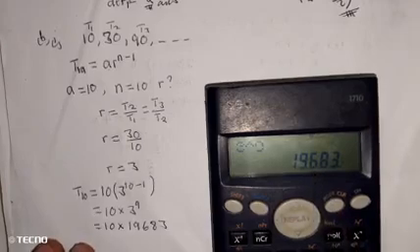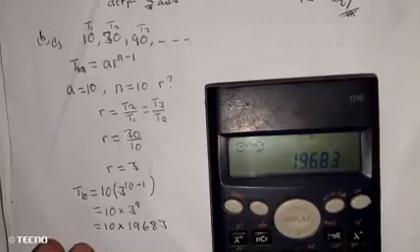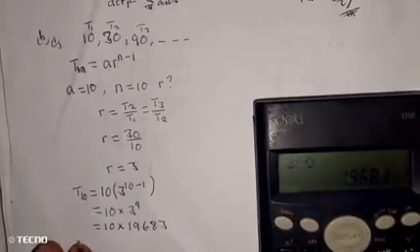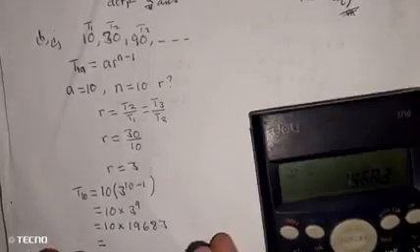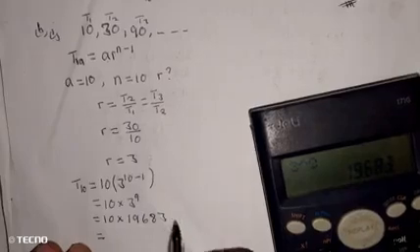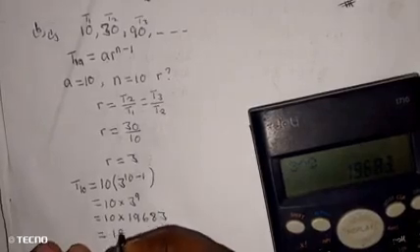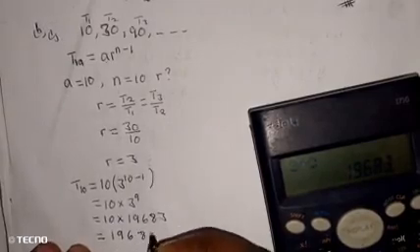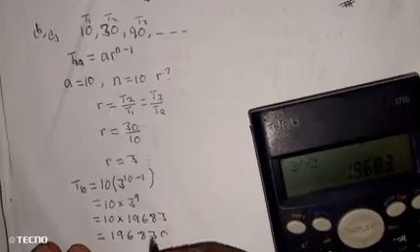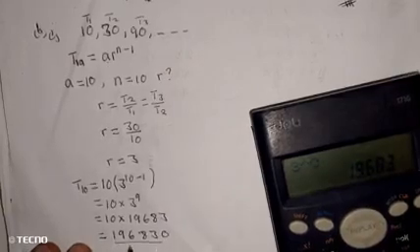So I'll multiply 10 times this, I'll just add a 0 this side, so it's going to be 196,830. So this is the 10th term.